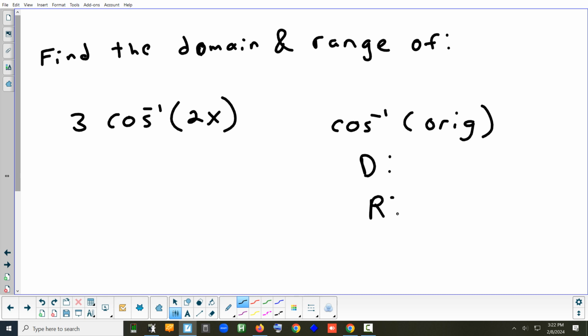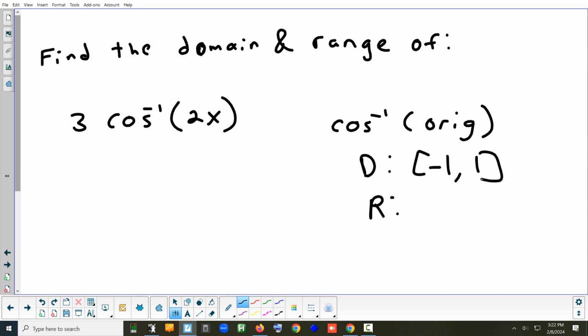If you can't think of the original domain, then think of the range of regular cosine. What's the range of regular cosine? Yep. -1 to 1. Remember, the range of regular cosine is the domain of inverse cosine.